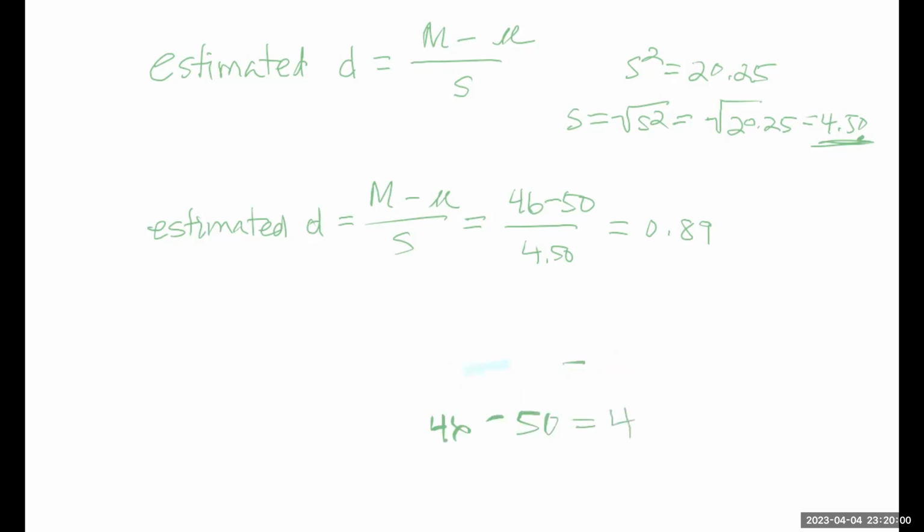With that information, I can see that this score is almost 1 standard deviation above the mean. So that's a really large effect size, and it shows the magnitude of that difference. So that is Cohen's d.